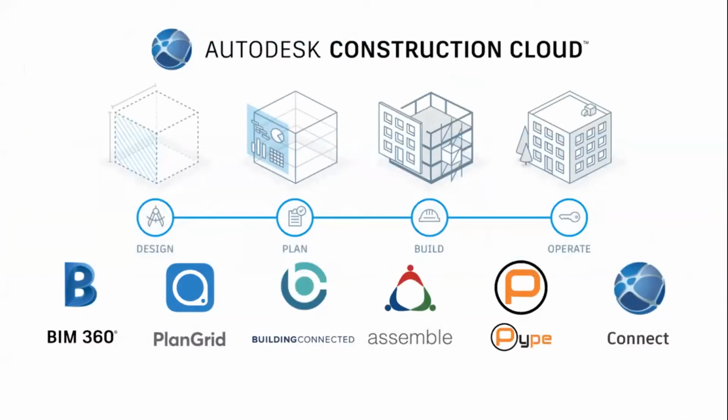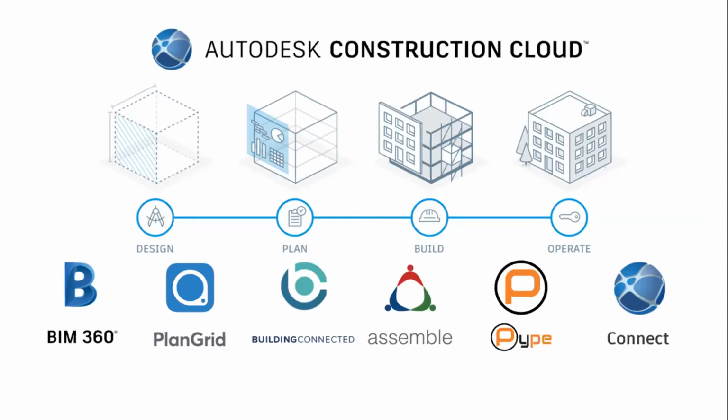So the Autodesk Construction Cloud is the collection of Autodesk's cloud solutions, including BIM 360, PlanGrid, Building Connected, Assemble, Pipe, and the Autodesk Construction Cloud Connect. So most of our existing clients are already currently using the BIM 360 platform. The rest are just newly acquired by Autodesk.